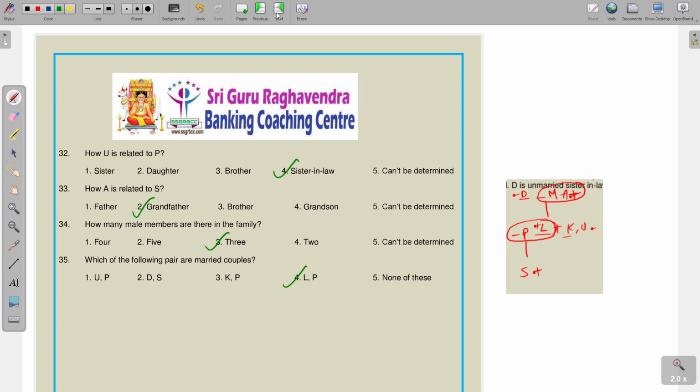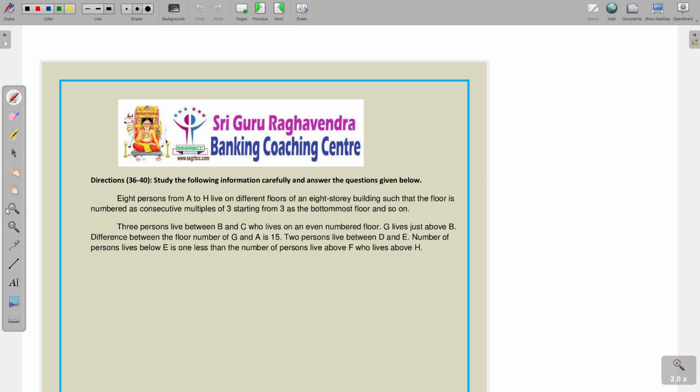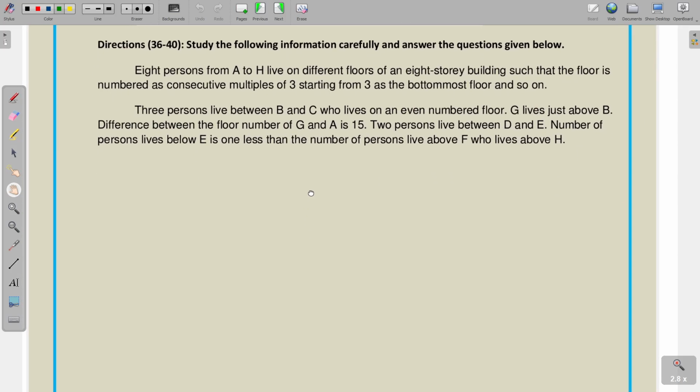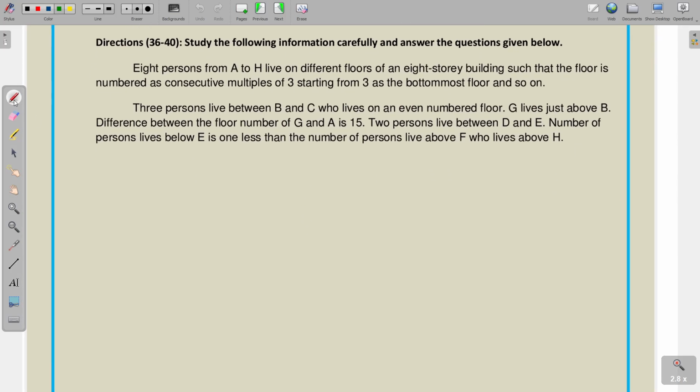Next, 36 to 40, last and final one it is. 8 persons from H to A live on different floors of an 8-story building such that floors are numbered with consecutive multiples of 3 starting from 3 from the bottommost floor.